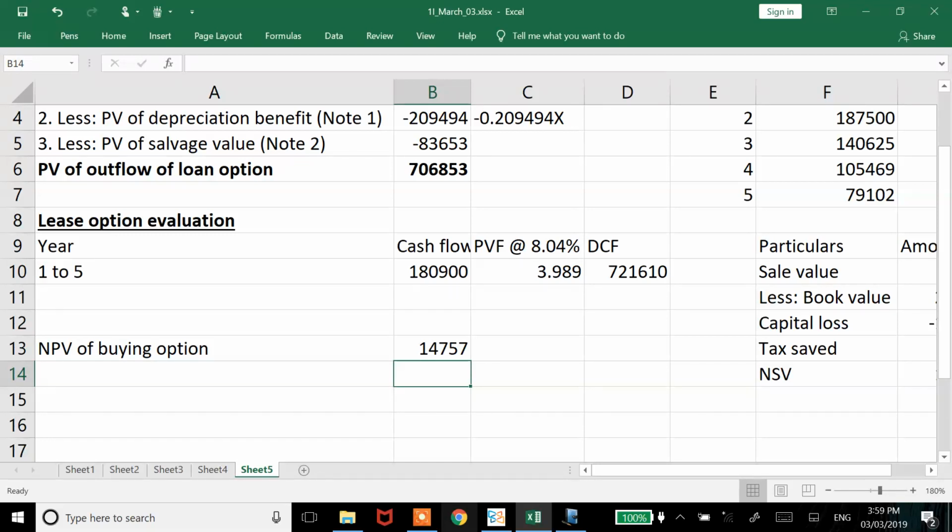Any change in rate of borrowing will also impact the lease option, as the discount rate is after tax cost of debt.